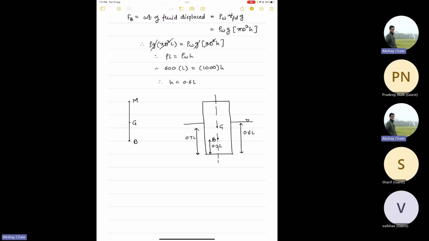So therefore, distance between B and G from this figure, if you can properly visualize, will be 0.5 minus 0.3 into L. So it is 0.2 L.